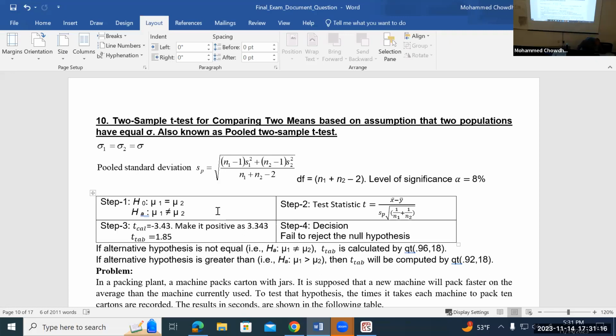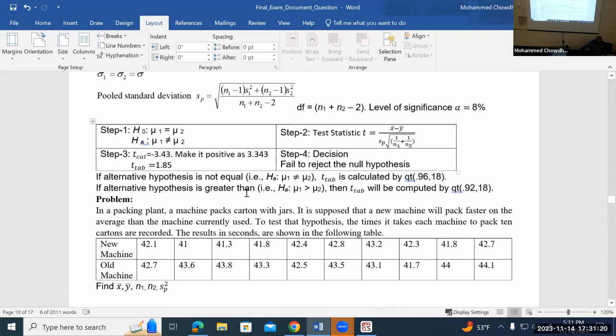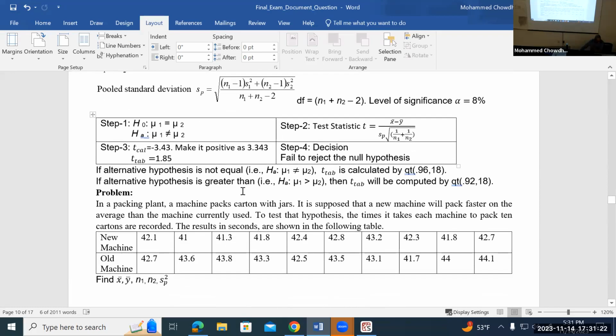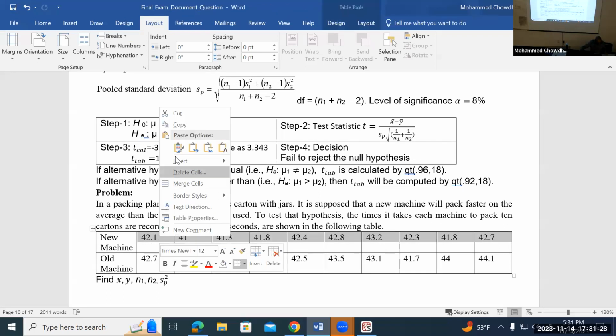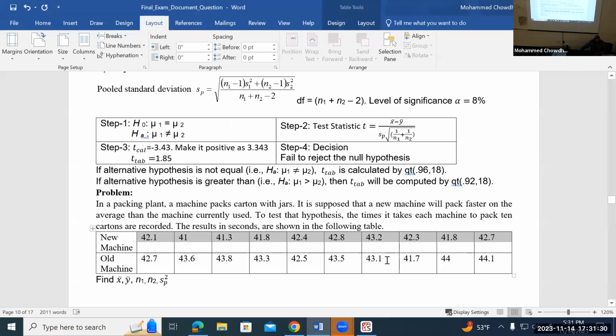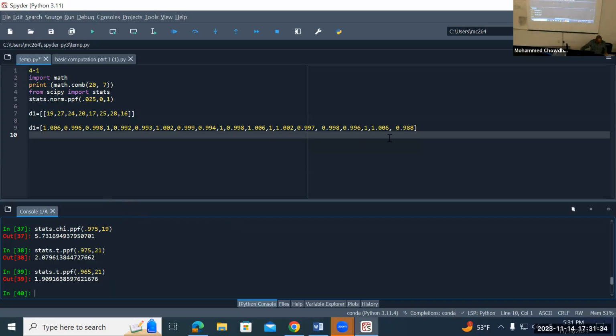Now come in here. If you want me to compute these things by using Python, what I will have to do is just copy these things. Okay? And then I just need to put it in there.